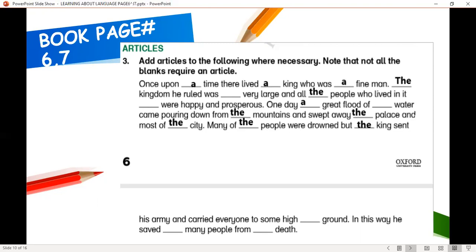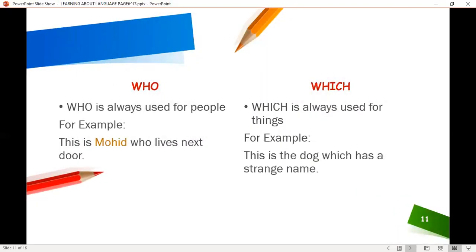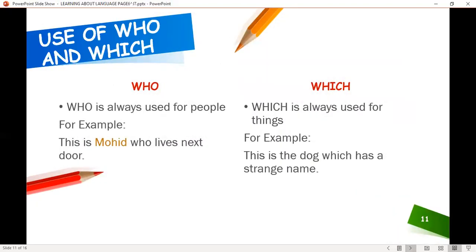Okay, good. Now move on to our next topic, that is use of who and which. Who is always used for people. For example, this is Mohit who lives next door, while which is always used for things.